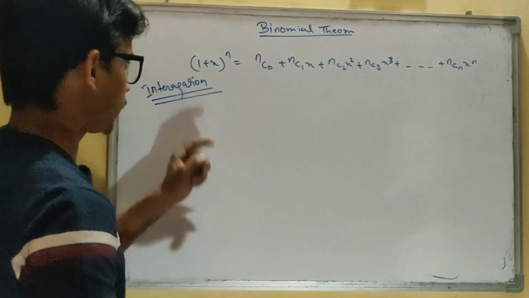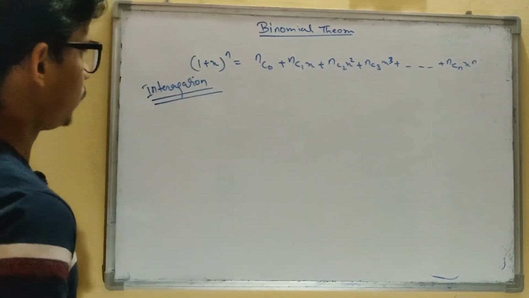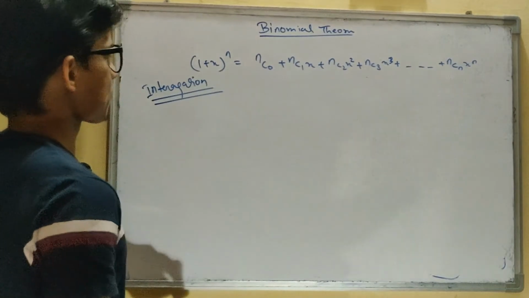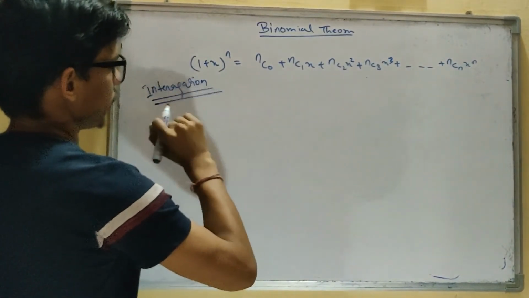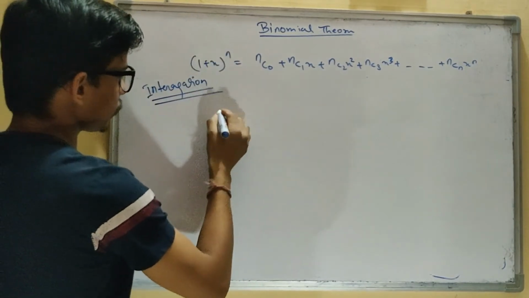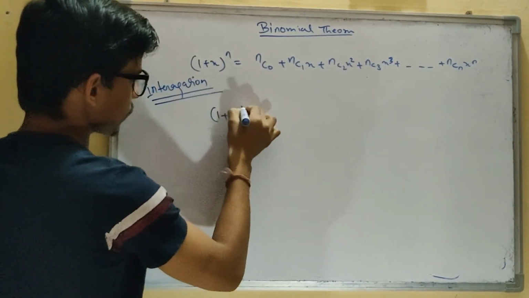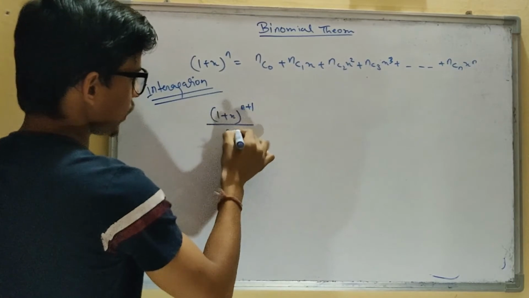So in (1 + x)^n, if you integrate this, it is going to be (1 + x)^(n+1) divided by n + 1.